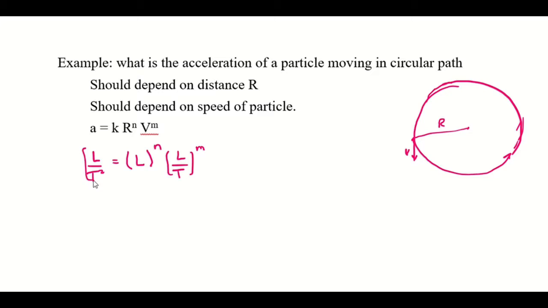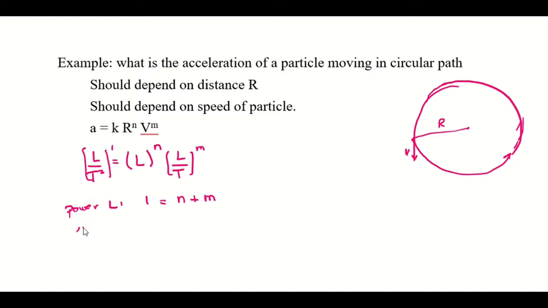And this, of course, is to the power 1. Now we equate the powers of the different terms, so the power of L. L is to the power 1 on the left hand side. On the right hand side, L is to the power n and m. So we add n and m, and we have one equation.